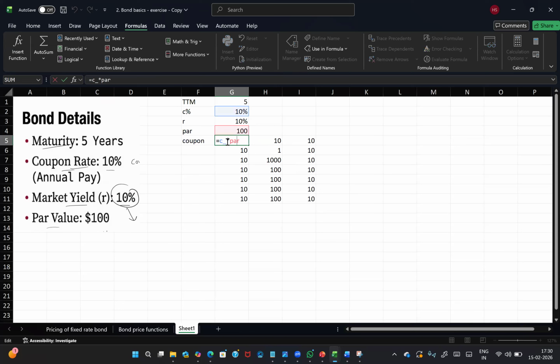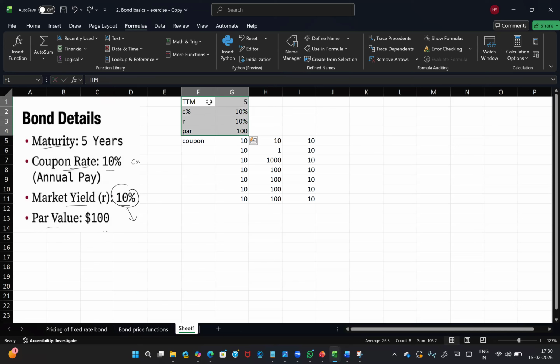Automatically, it will change because I've put all my assumptions together. If I just change the value of those assumptions, everything changes. And that's the importance of using these names. So in any financial model that we create, we will always use names and give values to those.